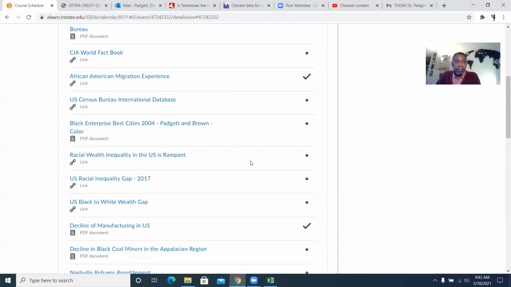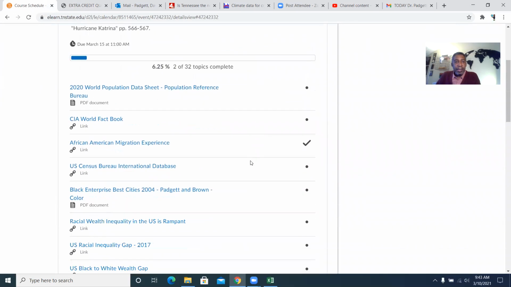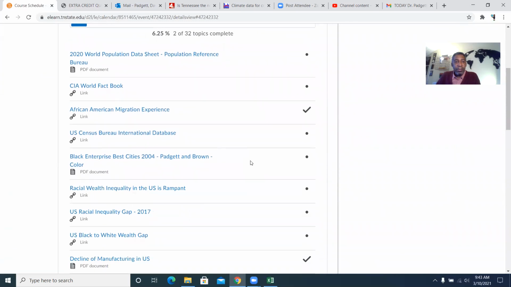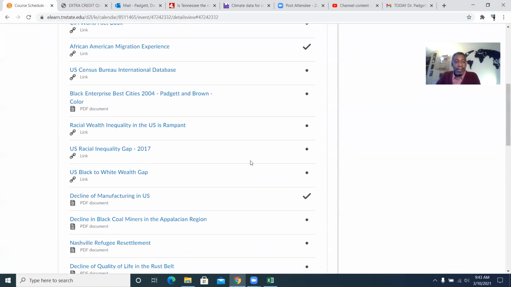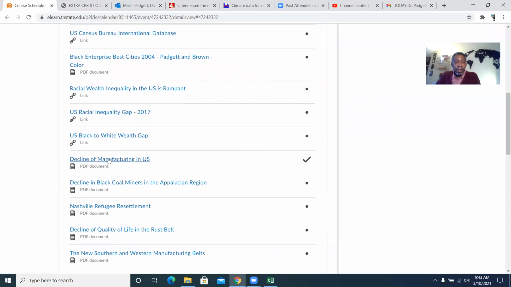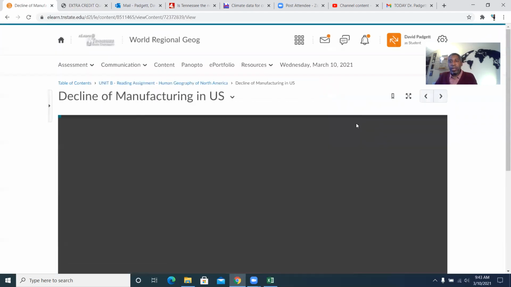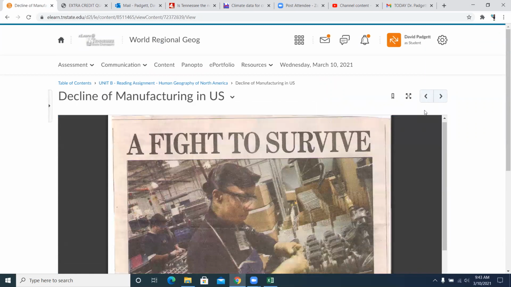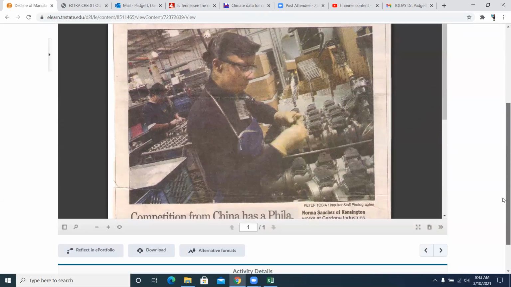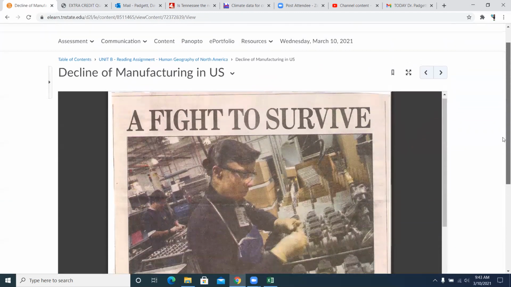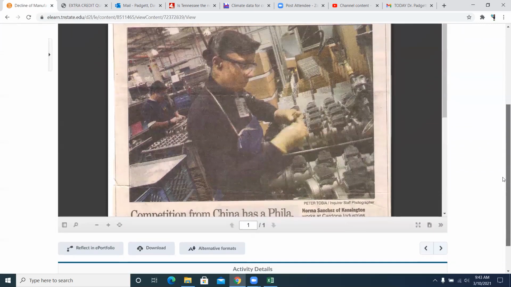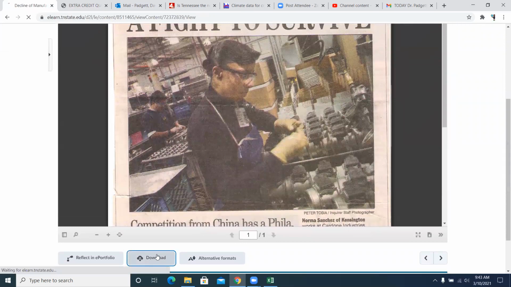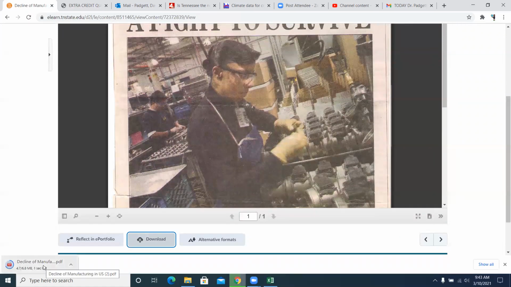I believe that last time I got as far as the decline of manufacturing in the United States. So just to review a bit, we were focusing upon internal migration within the United States and some of the pull factors and push factors associated with migration in general, or human migration.